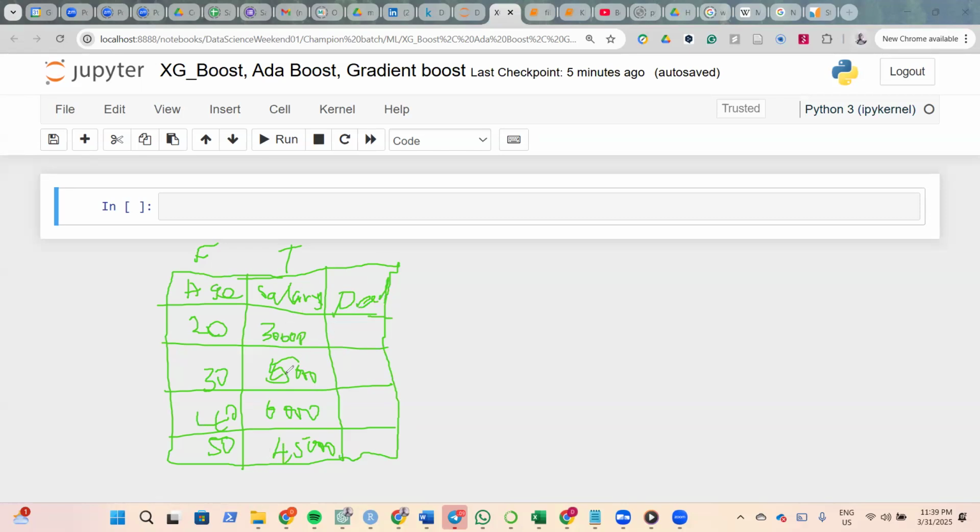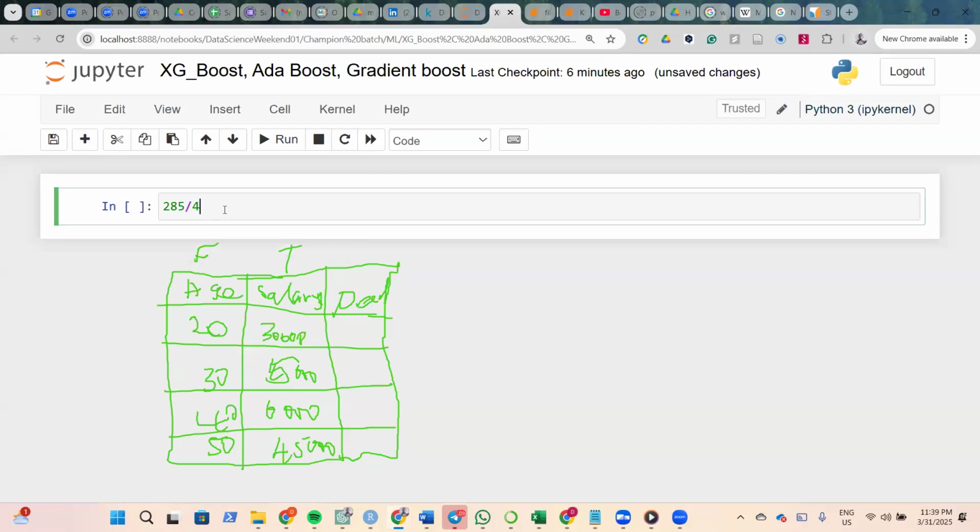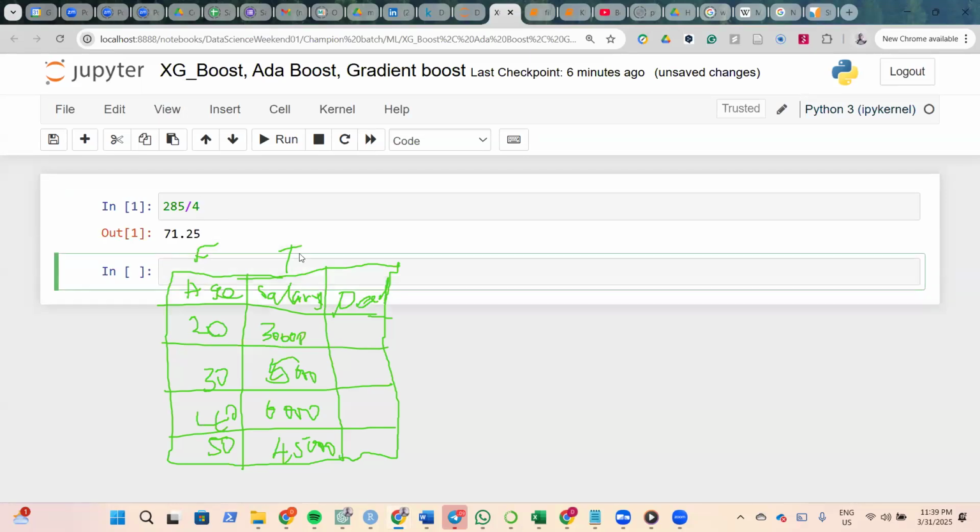So 30 plus 50 is 80, plus 60 is 140, plus 45 is 185, divided by 4. That should give us 71.5. So let's just say 71 for the sake of ease. So we're going to have 71, 71, 71, 71.